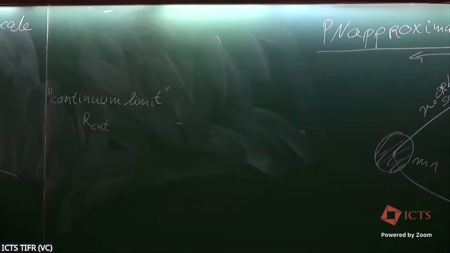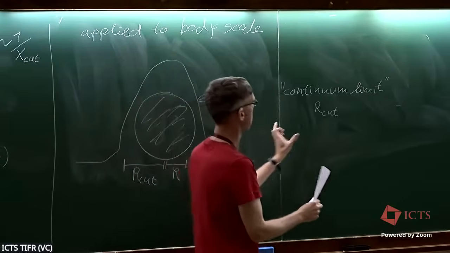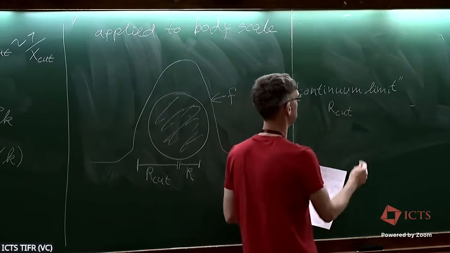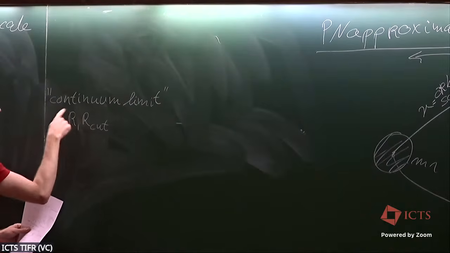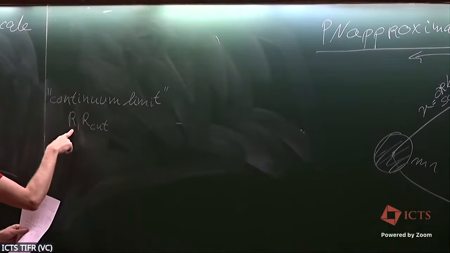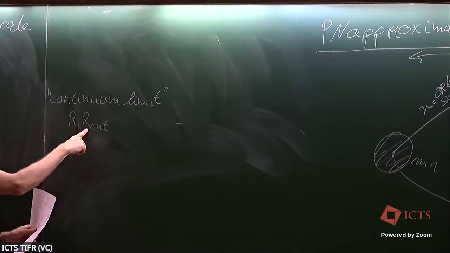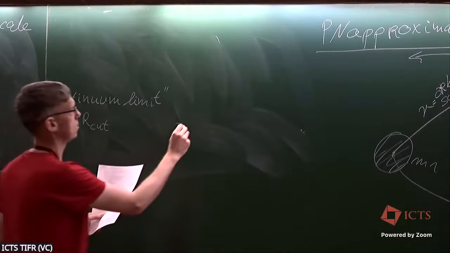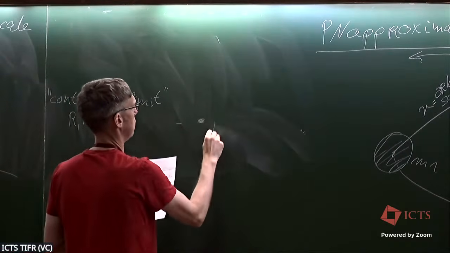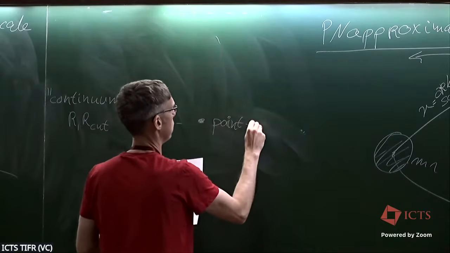what one does is first the averaging, and then one rescales the spatial dimensions such that the cutoff goes to 0. That's called the continuum limit. And in that limit, you will obtain a point particle.